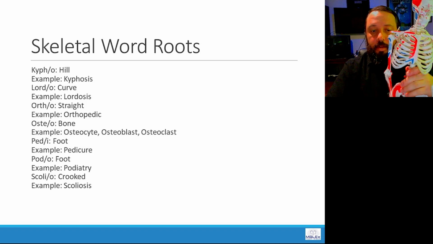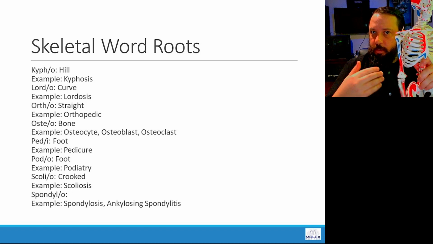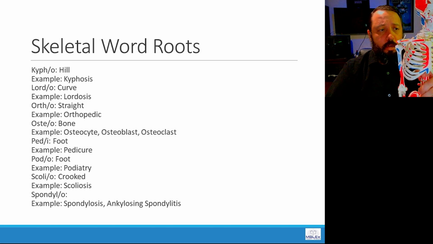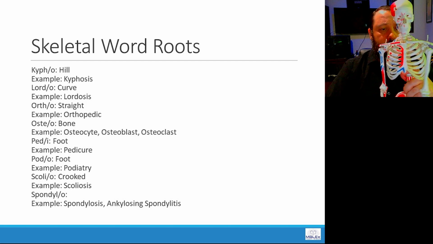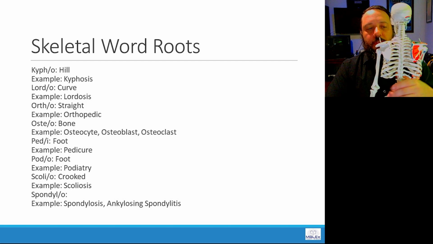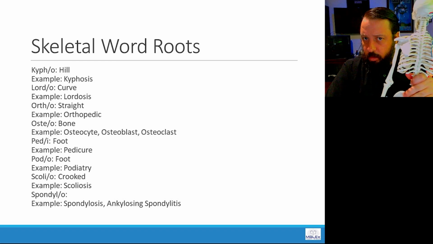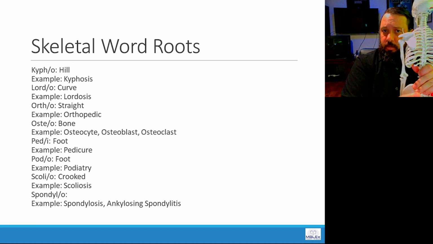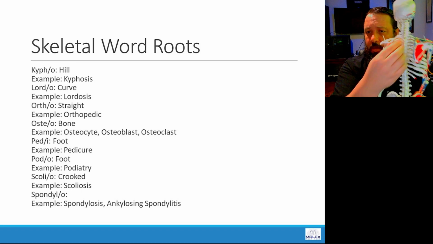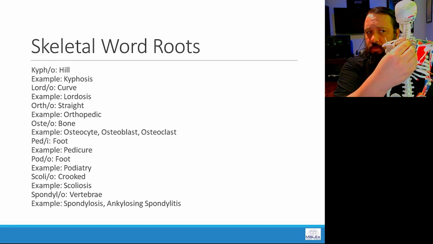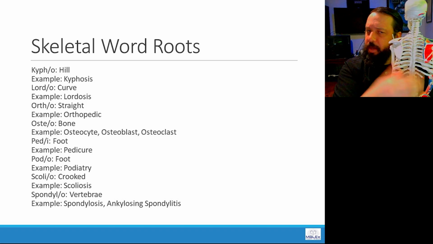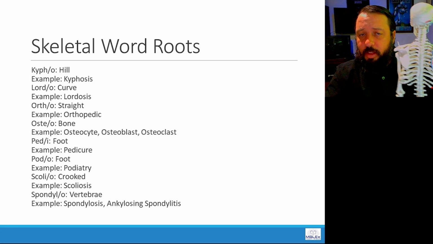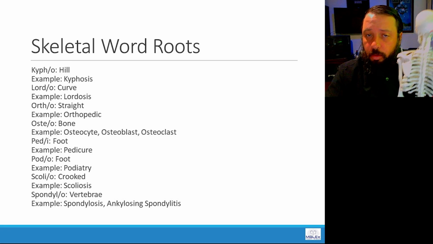Okay. And then finally, spondylo, like spondylosis or ankylosing spondylitis. A couple examples. So with ankylosing, we have crooked condition of, and then spondylitis, inflammation of the vertebrae. Okay, so spondylo means vertebrae. Spondylosis just refers to like any old vertebral condition.